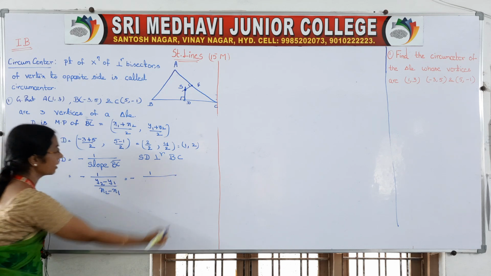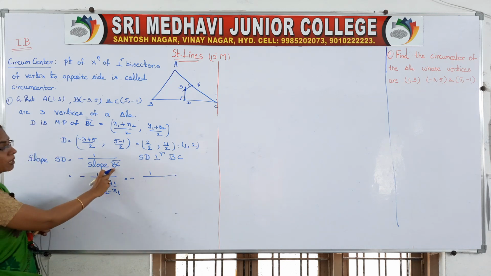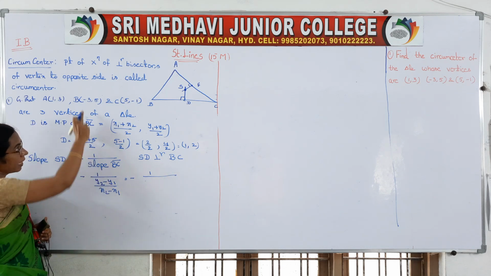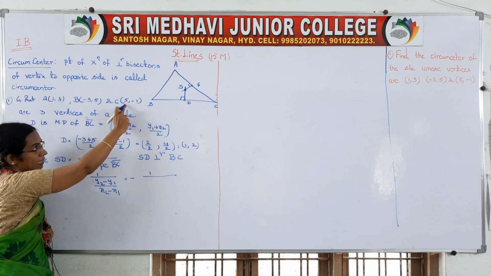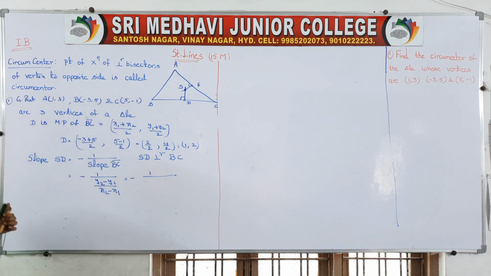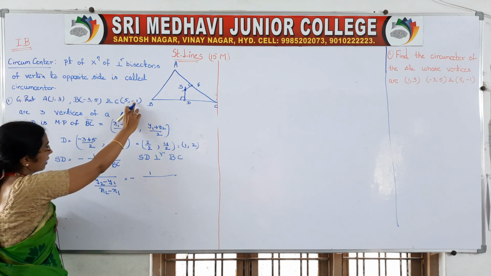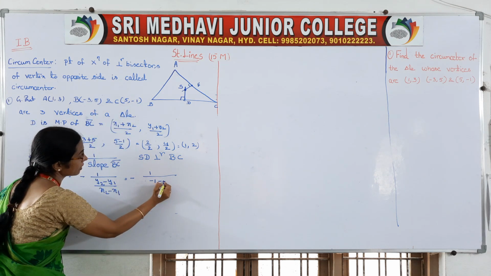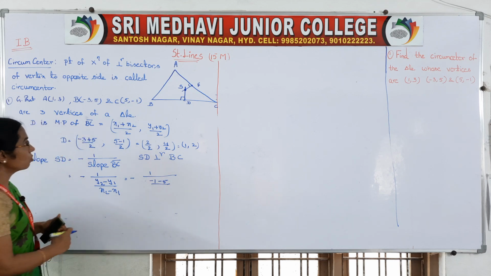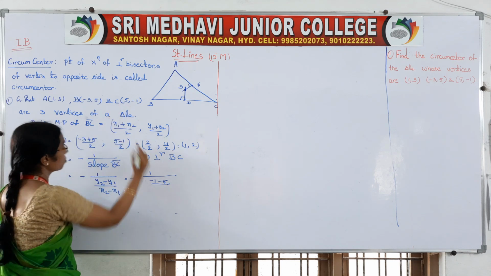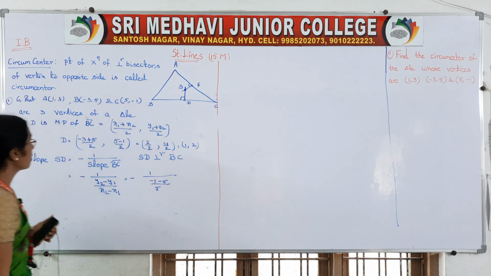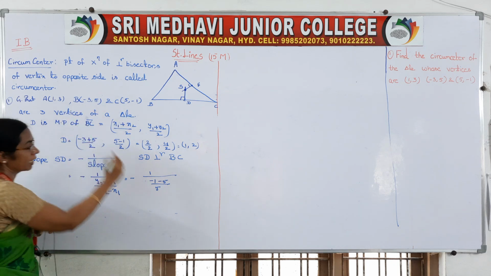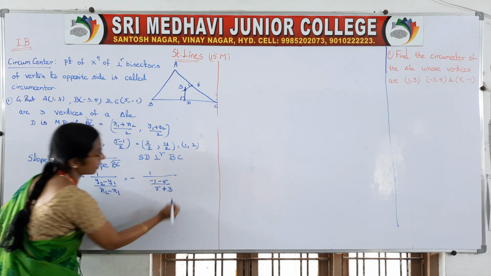So you consider B as your (x1, y1) and C as your (x2, y2). So y2 minus y1, y2 is minus 1, y1 is 5, by x2 minus x1, x2 is 5, minus x1, so minus of minus, plus 3.